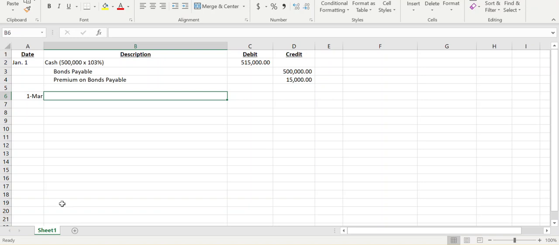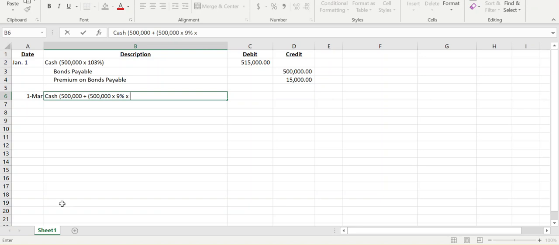So we are going to get cash, and they told us that we're selling it at par, which means we're selling it at face value. So we're selling the bond for 500,000. But we're also selling it for 500,000 plus any accrued interest. So we're selling it as of March 1st. So 500,000 face value times our interest rate of 9% times how many months have passed since the last interest payment.